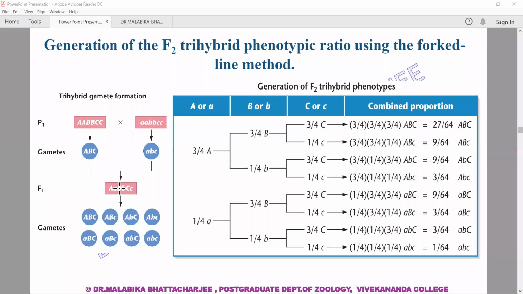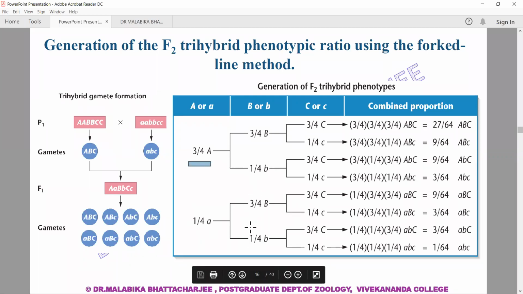So 3/4 capital B, including capital B small b, and 1/4 small b small b. So the 3/4 capital A, we multiply with both of these factors, and the 1/4 small a we multiply with both of the probabilities of the B allele.